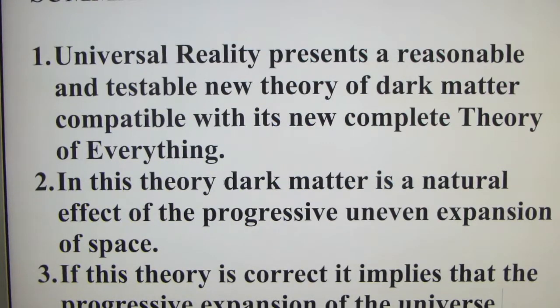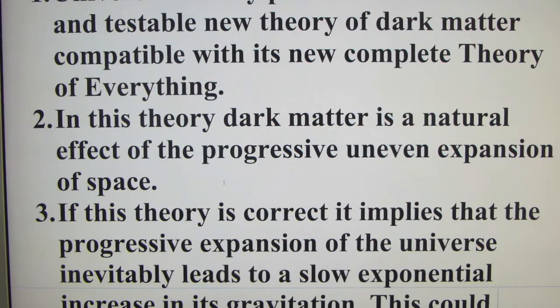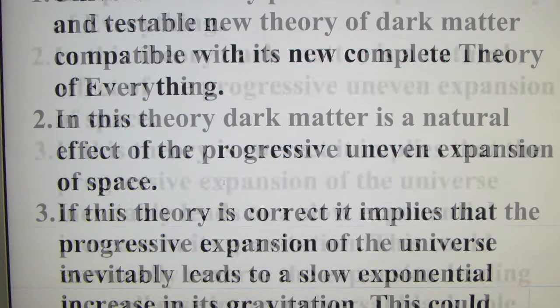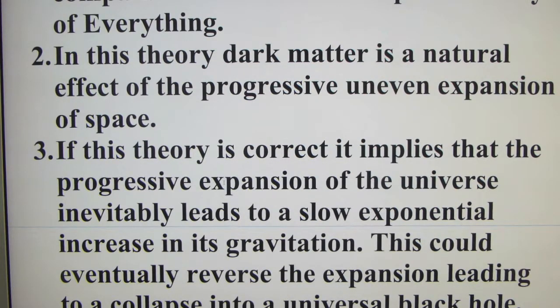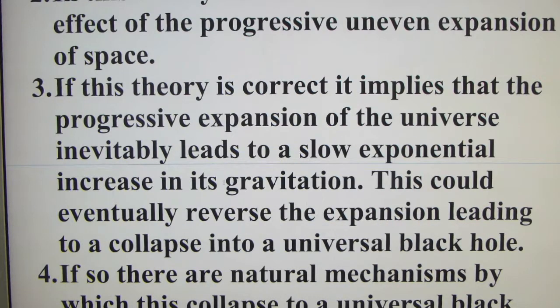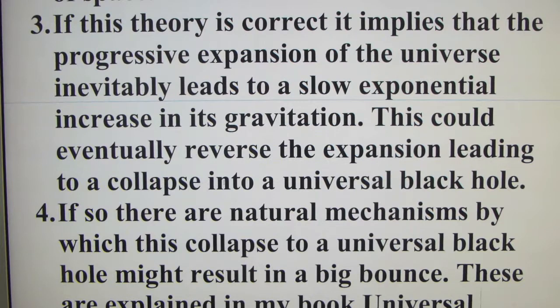Summary. Universal reality presents a reasonable and testable new theory of dark matter, compatible with its new complete theory of everything. In this theory, dark matter is a natural effect of the progressive uneven expansion of space. If this theory is correct, it implies that the progressive expansion of the universe inevitably leads to a slow exponential increase in its gravitation.